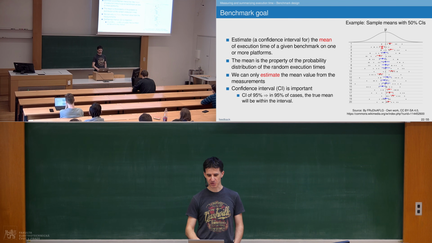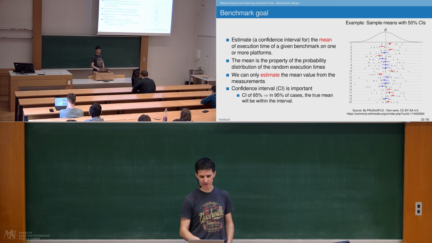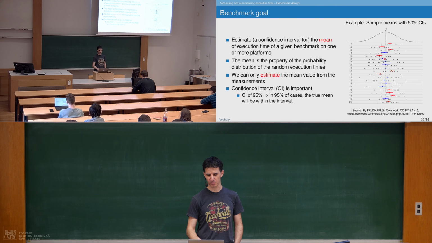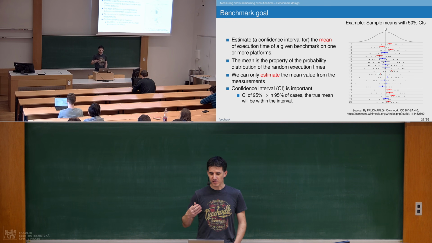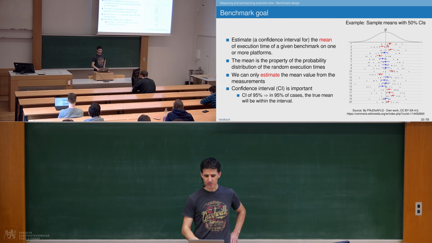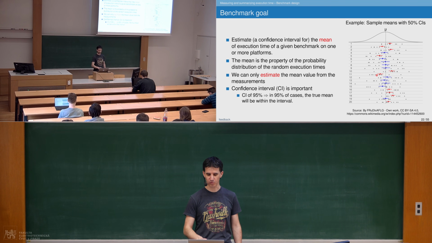So if this bar is red, you can see that the true mean is outside of the bar. If this bar is blue, it means that the true mean is inside this confidence interval. And as you can see, because this is a 50% confidence interval, there is approximately 50% of red things and 50% of blue things.